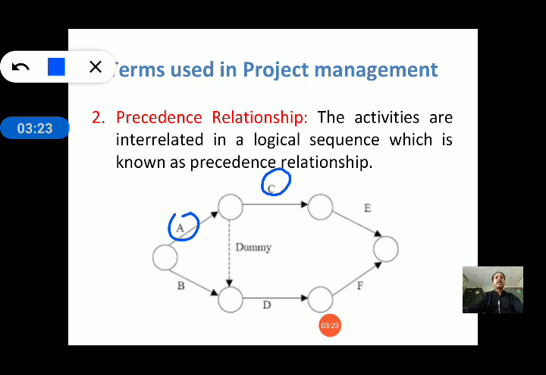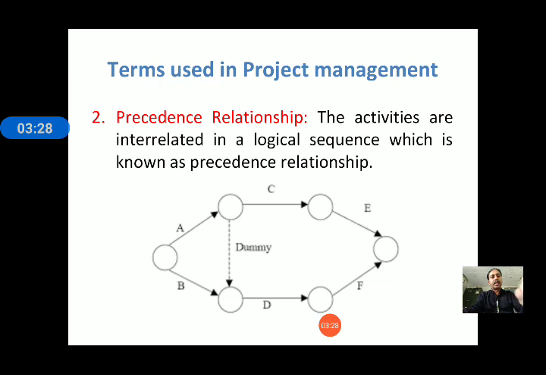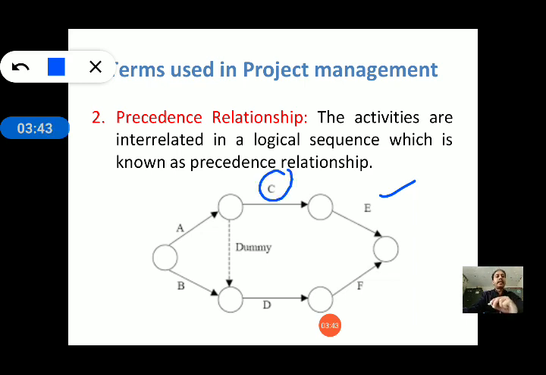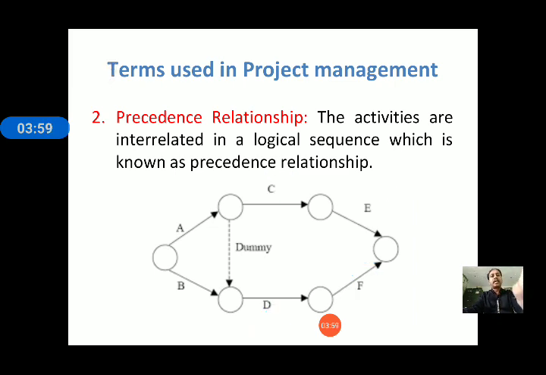So this is the precedence relationship between C and A. Consider activity E. Activity E can be started when activity C is completed. Consider activity F. Activity F can only be started when activity D is completed. This is called precedence relationship.